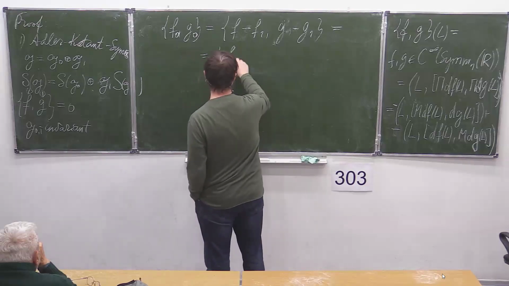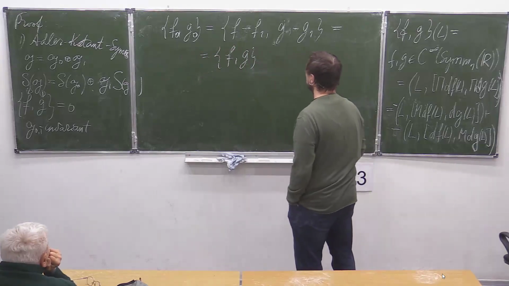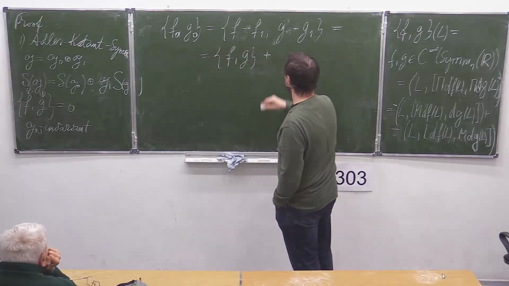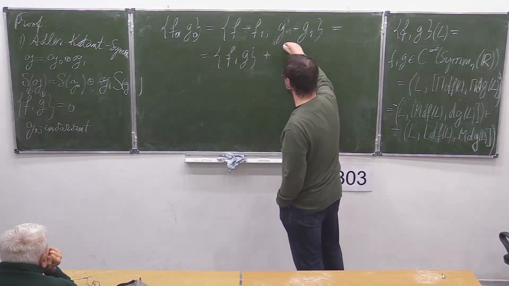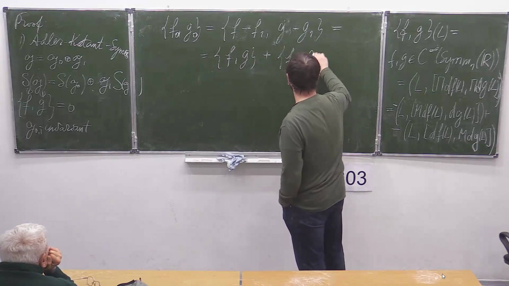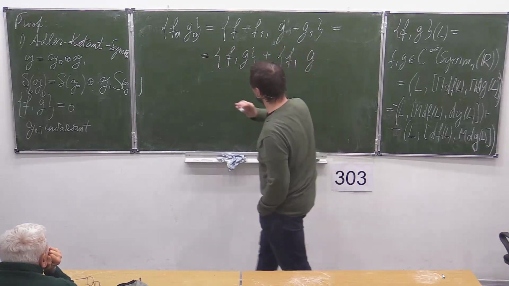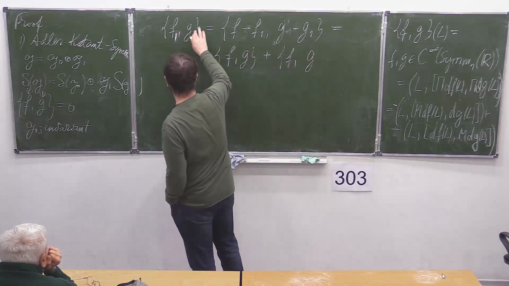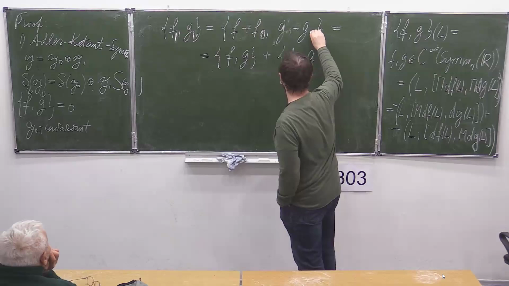This is equal to the bracket of F and G plus F and G, sorry, minus G0. Yeah, now it's better.